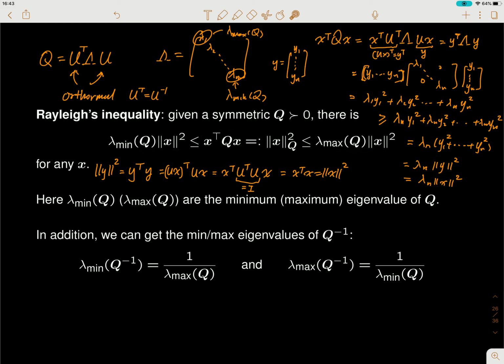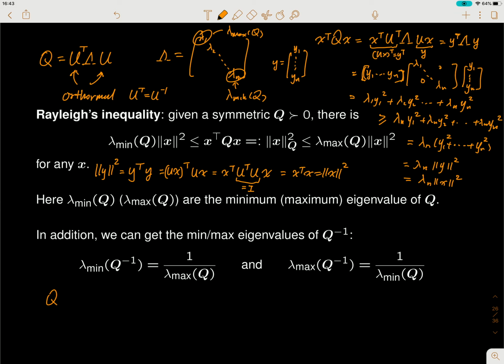Okay. Another property of Q or Q inverse is that if we have the eigenvalue decomposition of Q with these as the eigenvalues, then we can also get the eigenvalues of Q inverse. The reason is very obvious.